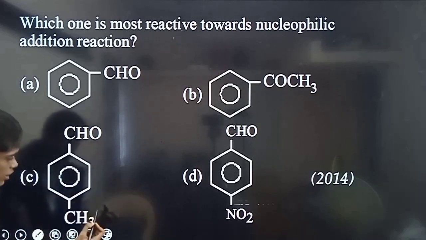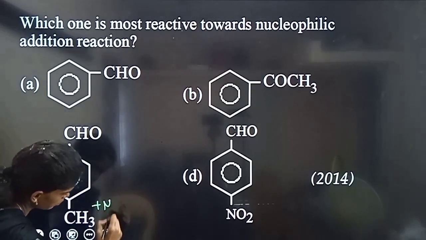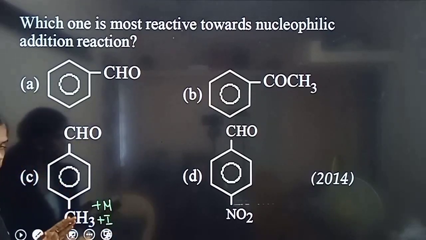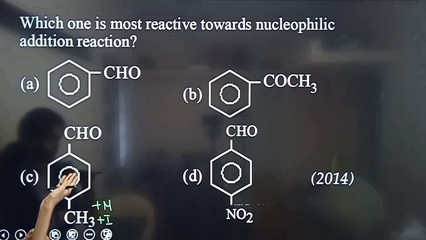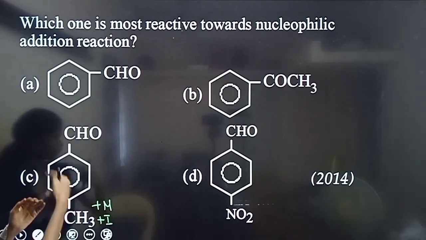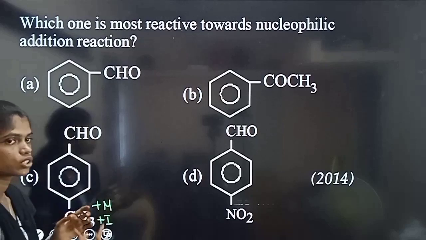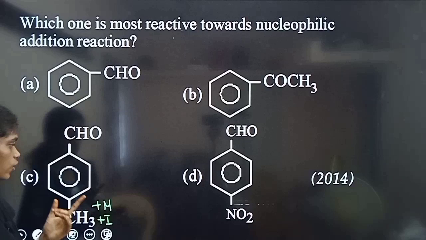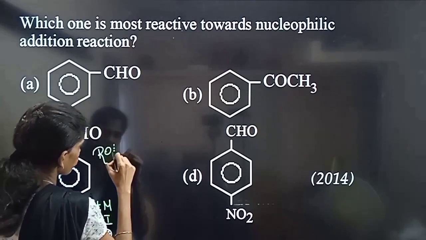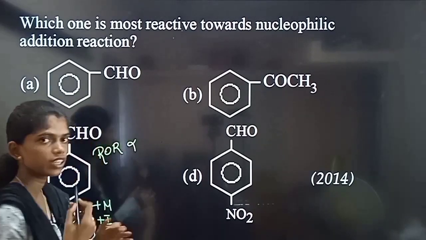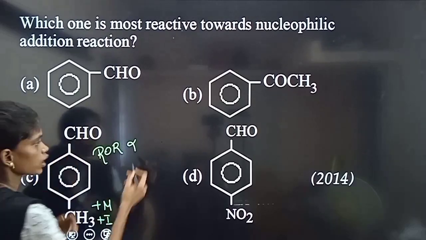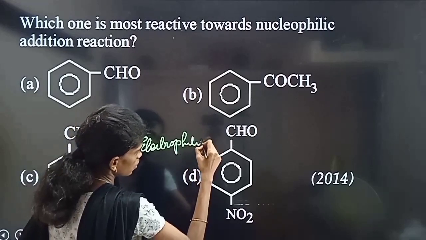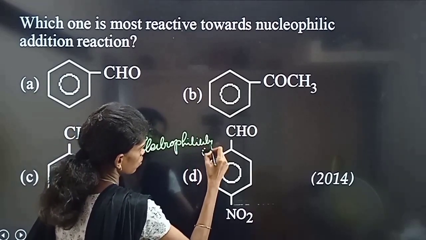Okay, so here we see a plus I group. So plus I plus M group means it donates electron to the ring. So if electrons are donated like this, there will be a generation of delta negative charges, that is partial negative charges. Rate of reaction is directly proportional. In nucleophilic addition reaction, the rate is directly proportional to electrophilicity. We have already seen this.